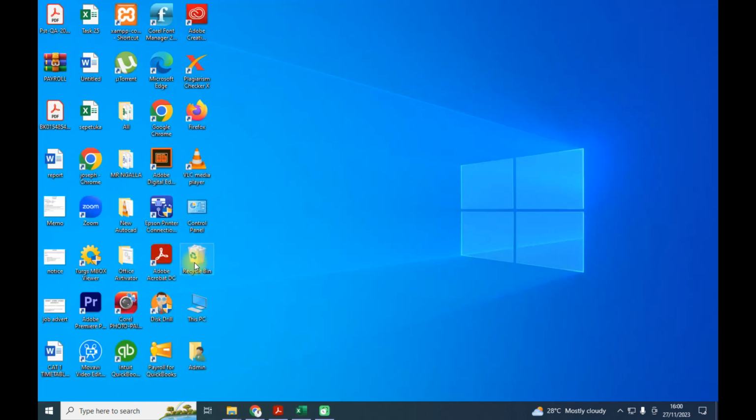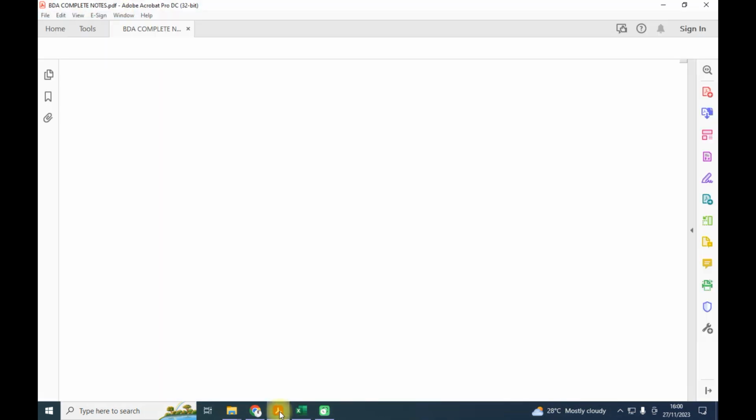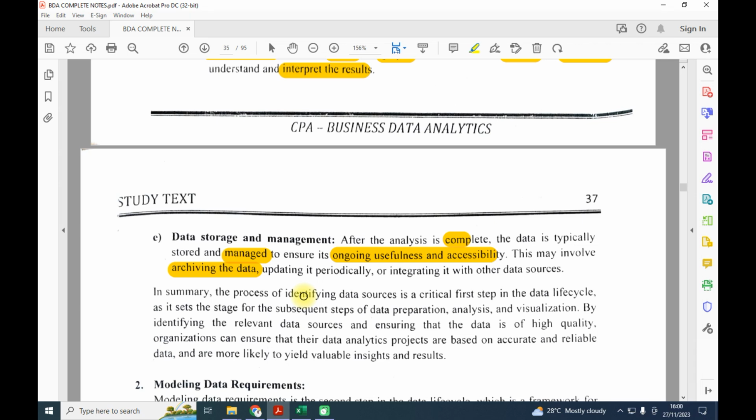The recycle bin, not the dustbin. The recycle bin is where the data will be stored after we have deleted it from our desktop or document. Once you delete data from the recycle bin, unless you use other software to recover and retrieve that data, it is not easily retrieved. But once data is archived, you can easily restore it from the archives.